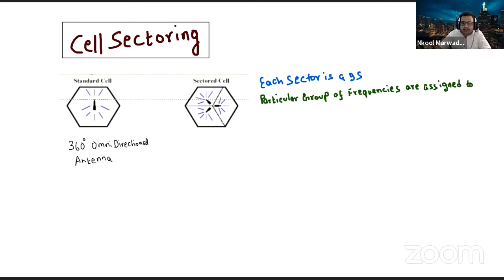So every base station in a sector has a particular group of frequencies assigned, just like a normal base station.